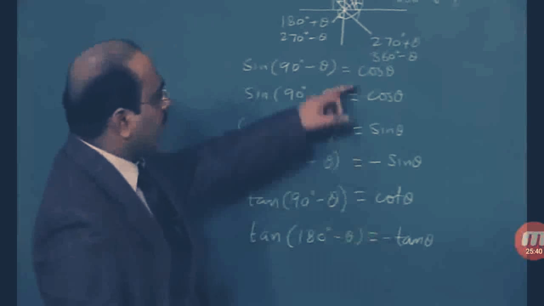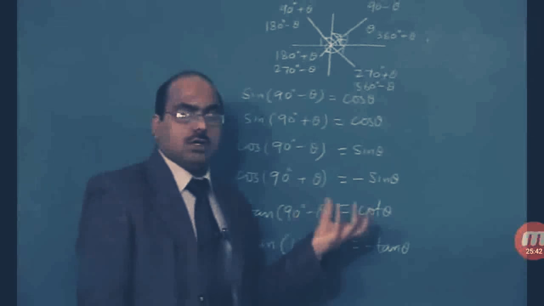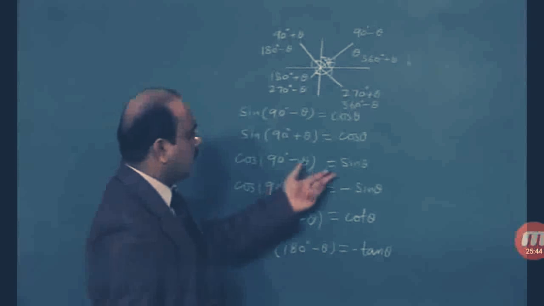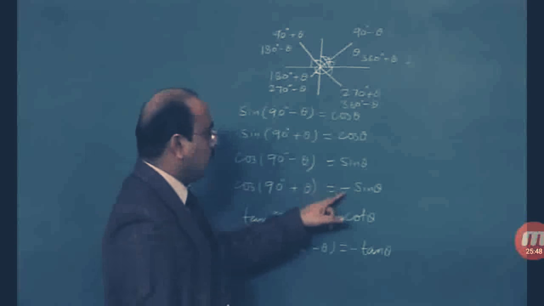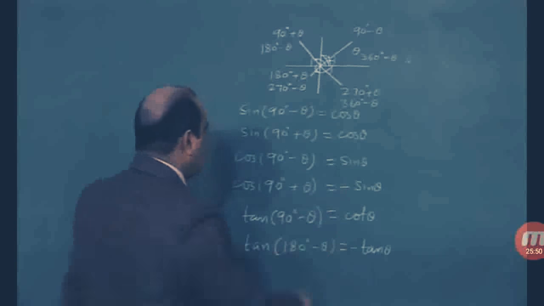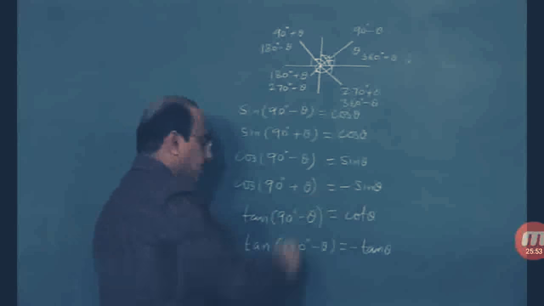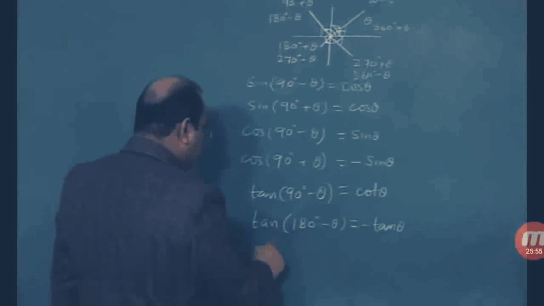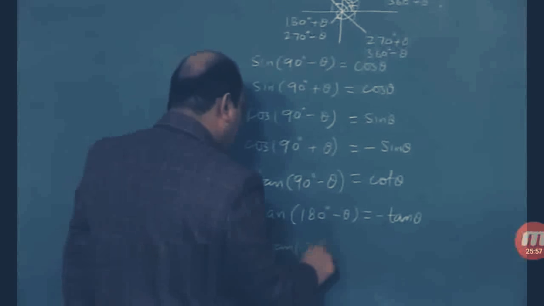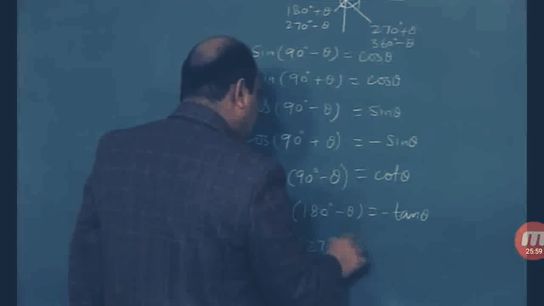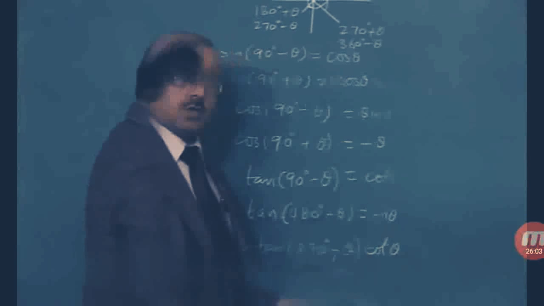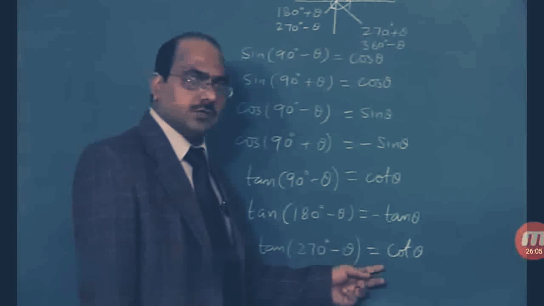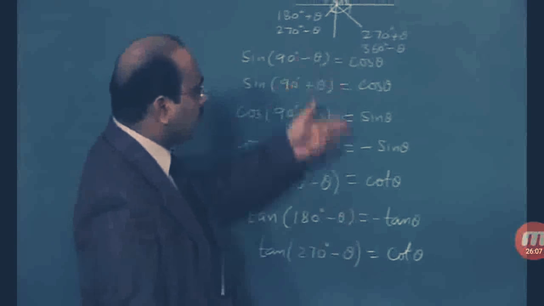And how these values come about, I am going to teach you about these values, when to put minus and when to change cos into sine. For example, I have tan 270 minus theta. Here it converts into cot. But here the answer is positive. Now there are two types of changes.